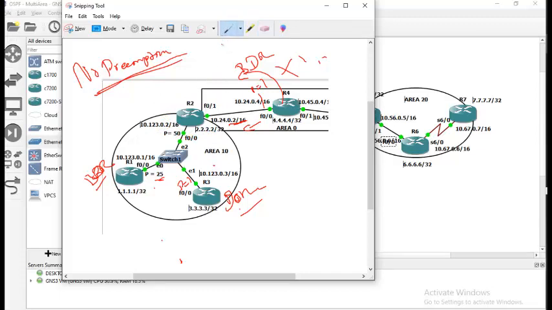So immediately whoever is BDR will promote themselves as DR. This guy promoted, this guy promoted. They both promoted immediately. But there is a need for a BDR. So an election started. There is one election happening here, and one election happening here.